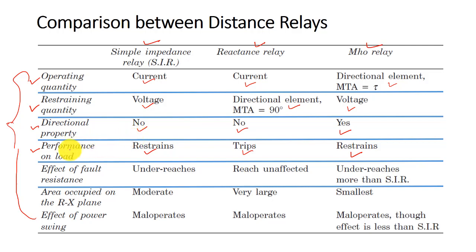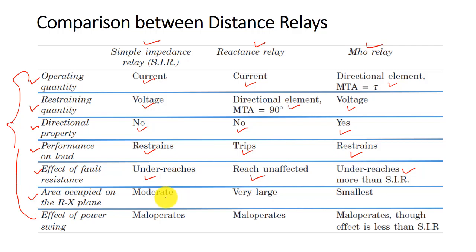Then we'll see the effect of fault resistance. In case of simple impedance relay, obviously it underreaches, already we have discussed this, and in case of reactance relay the reach is unaffected, and in case of Mho relay the underreach is there, and in fact it is more than the simple impedance relay. And the next one is the area occupied on the RX plane, how much area it occupies.